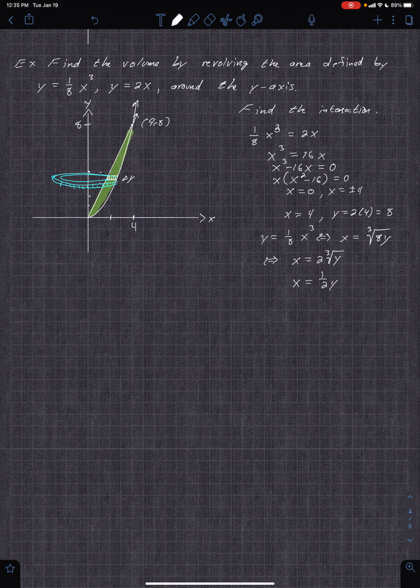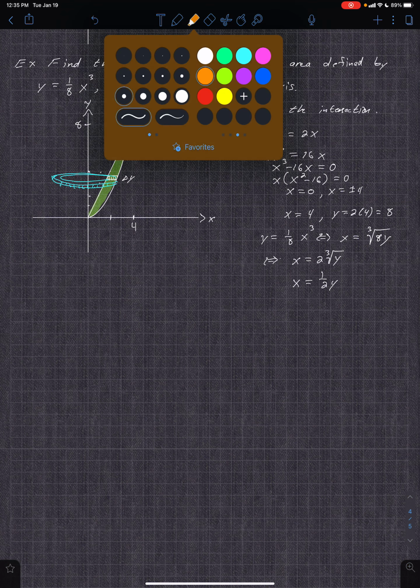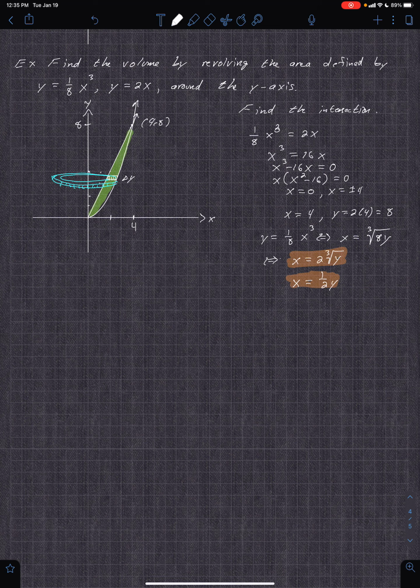So those are the two functions we're going to be using for your graphs. Now you need to know the outside and inside. The outside is x equals 2 cube root of y, and the inside is 1/2 y.